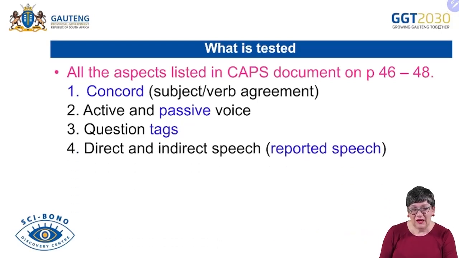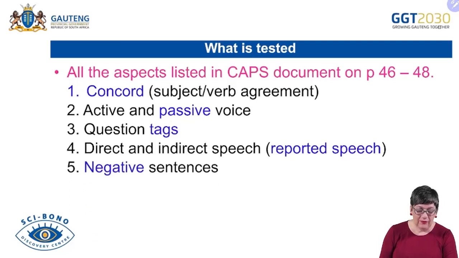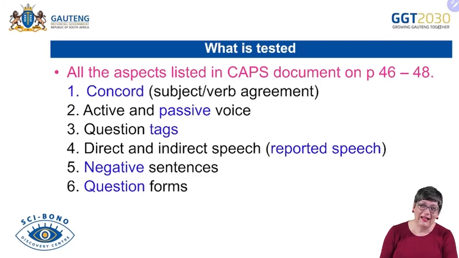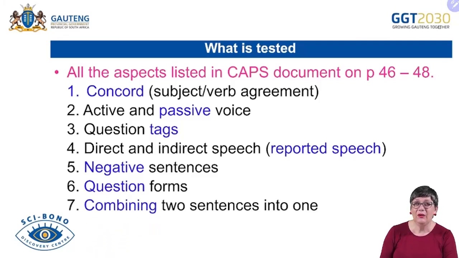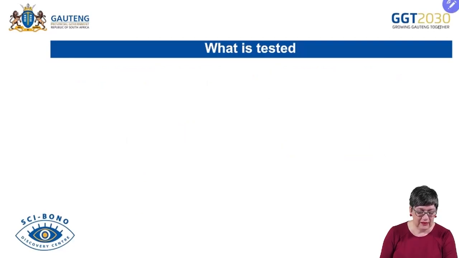We've got direct and indirect speech, either way around. We've got negative sentences. We've got question forms. Now, remember, a question tag and a question form might be different from each other. And we've got combining 2 sentences in one. Now, these are just a number of things that are tested in paper 1, question 5.